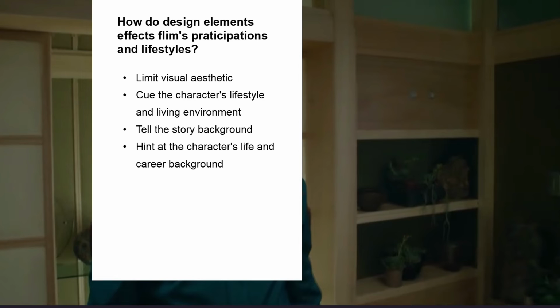So, how do design elements affect the film's participants and lifestyles? Firstly, I think the design elements limited the visual aesthetic. Furniture and linens, for example, play a part in guiding the visual direction. Secondly, it can hint at the character's living environment and social status. The only living space for Star-Lord was the warship.